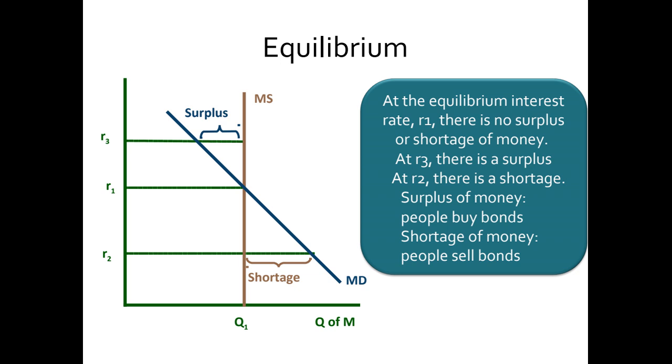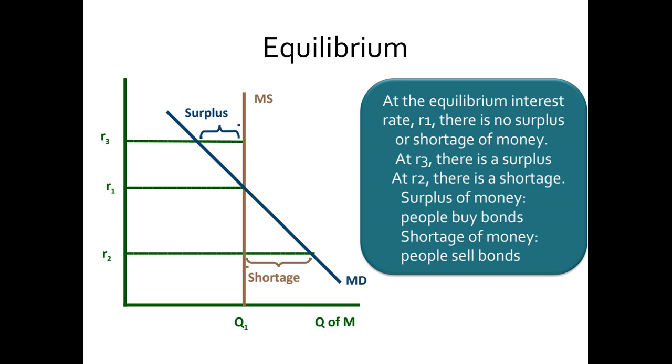Now, before discussing the adjustment process, suppose the rate of interest in the money market is R3 instead of R1, then how will this rate be adjusted and go back again to R1? What is the process?